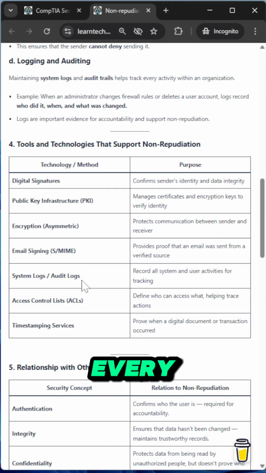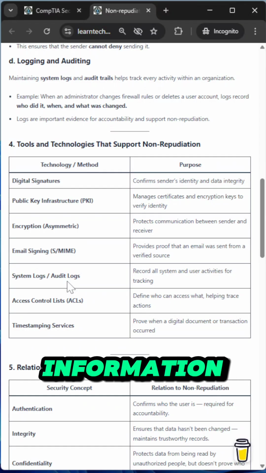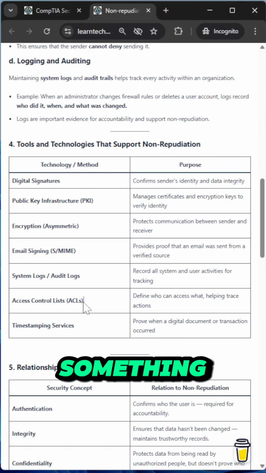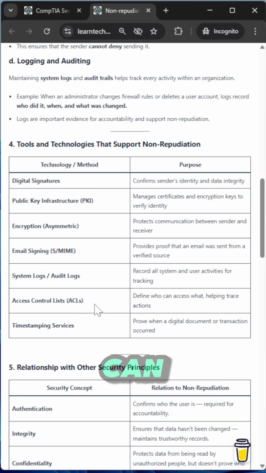System log. Every time you do something on a computer, mobile device, or anything, it logs that to the system log. So any changes, anything that you do on a computer, there is a log service, and you can find all the logs or anything that happens in a device using the log information. Access control list is something to do with networking, where you can use switches, routers, and firewalls to control who can access what.